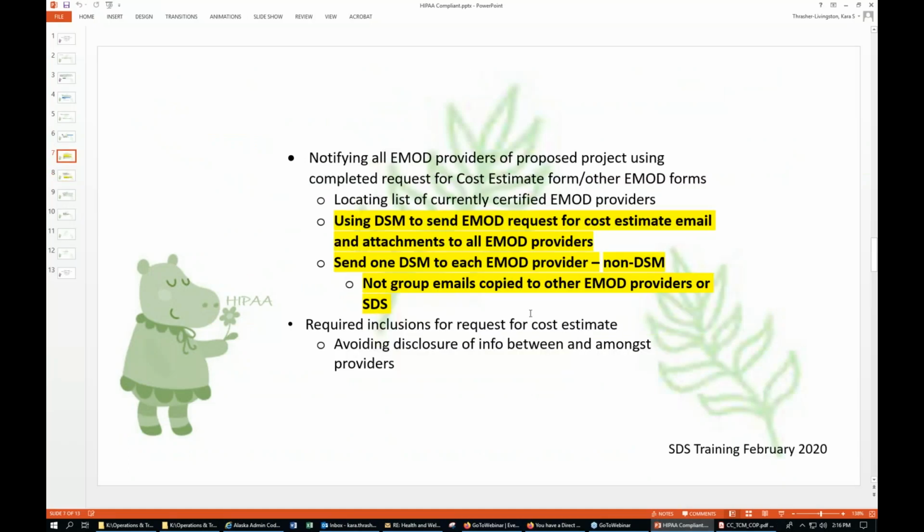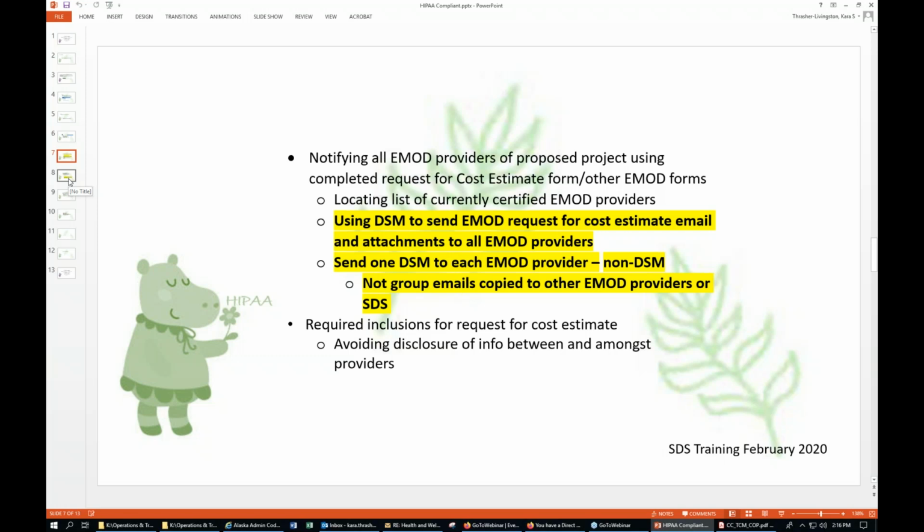Most important parts here: send a DSM to each provider with the request for cost estimate and the attachments. You make sure you have an ROI on file for the person, so they know their info is being shared. Not group emails to providers, not copied to SDS.